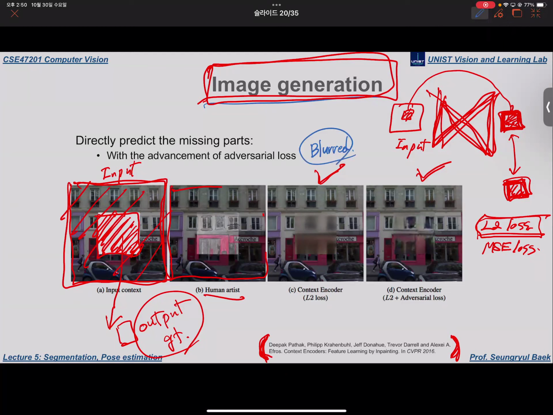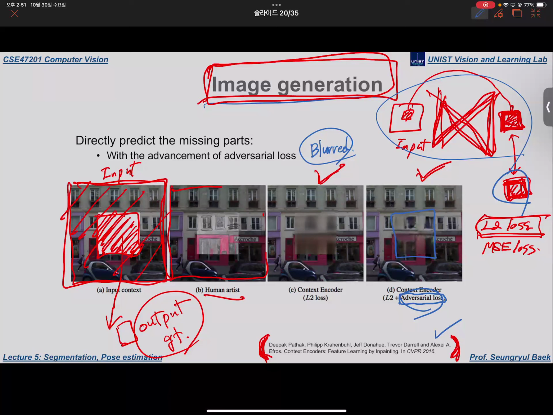You can feel that this region is rather blurred. But if you use one more additional loss function, called the adversarial loss, then the quality becomes better than the left part, which omits that adversarial loss. So this paper is saying that you can achieve this using only the L2 loss, but if you additionally use the adversarial loss, that will improve your quality. That's another important loss function.